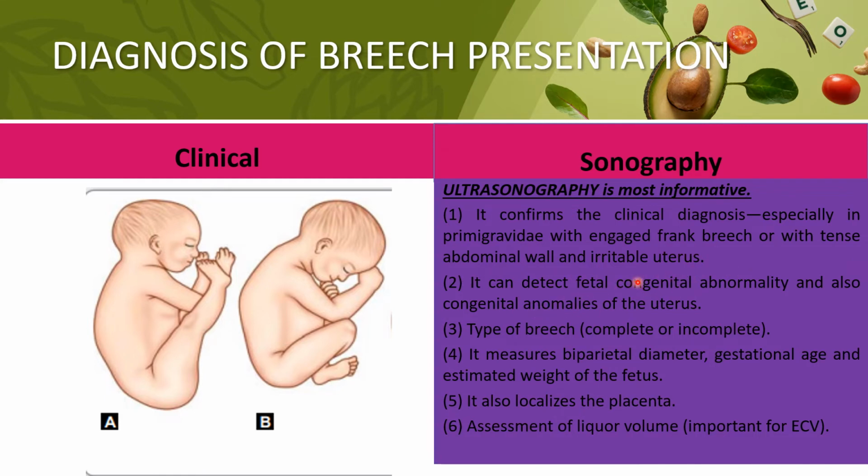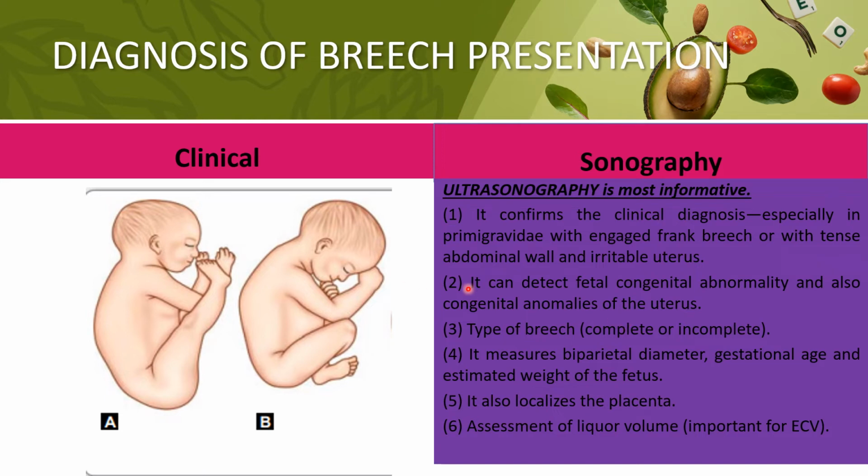In USG they can find which type of breech presentation it is. They can detect any congenital anomaly of the uterus, like bicornuate or septate uterus. Then the biparietal diameter, gestational age, weight of the fetus, amniotic fluid volume, and where the placenta is located will all be found out from the ultrasonography.